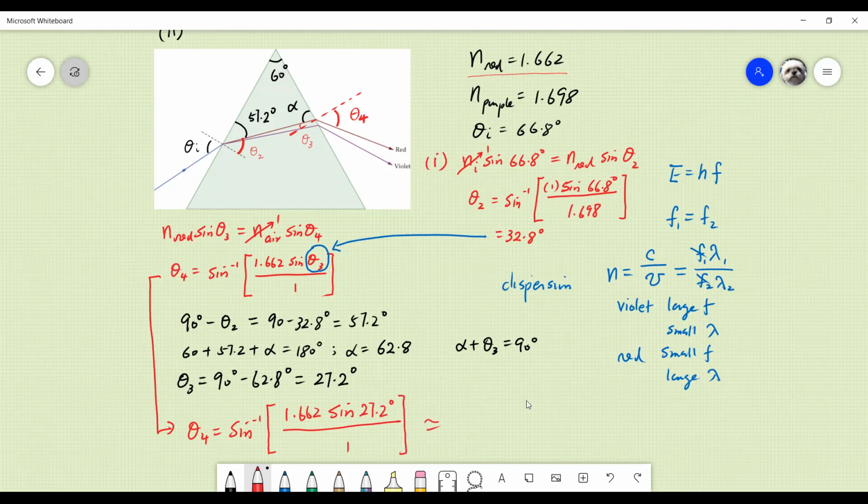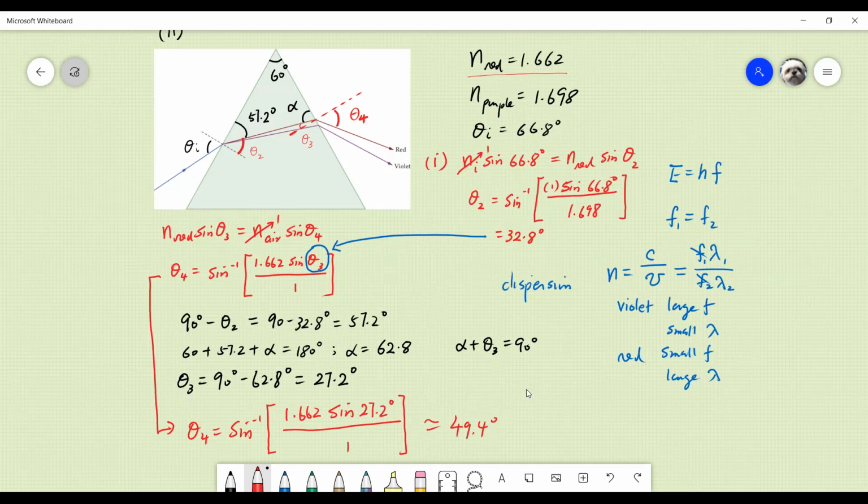So I take the sine, multiply by 1.662, and then take the arc sine, which gives 49.4 degrees, or 49.3 degrees.